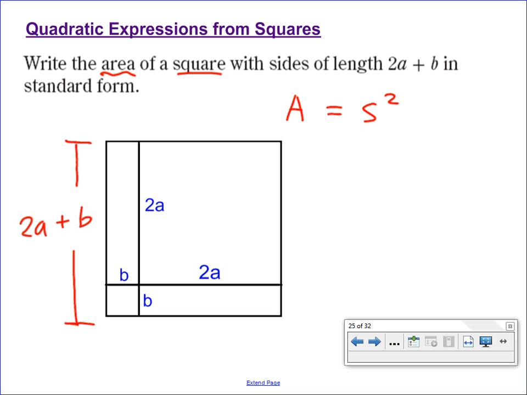In this case, it would be 2a plus b squared. Does this equal 4a squared plus b squared? No way, Jose. This is a FOIL problem in disguise. When I take a binomial and square it, the result is always, always, always a trinomial. And we saw that when we expanded our Bellwork.